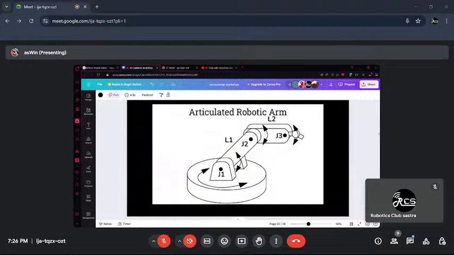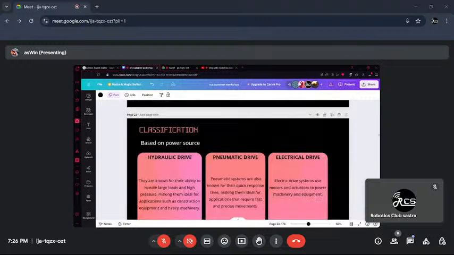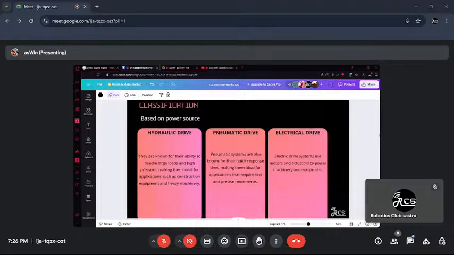So let's get into the next topic. Actually, it is based on power source: hydraulic, pneumatic, and electrical drive. You might have seen in car workshops, there will be a hydraulic drive to lift the car from the base to wash it.